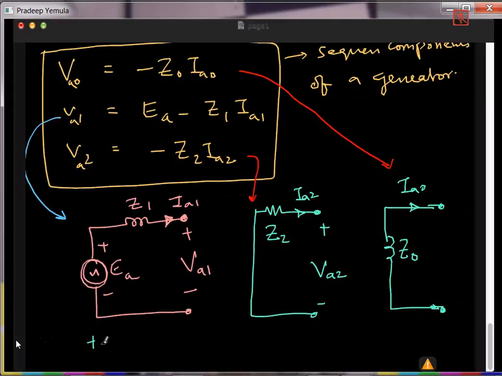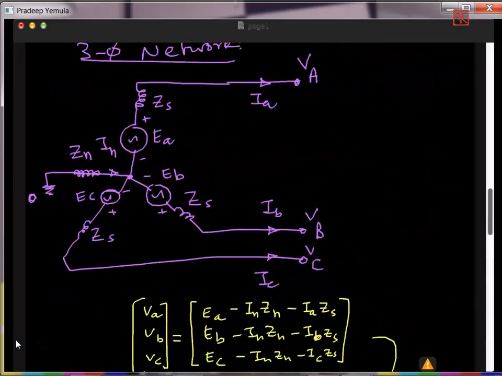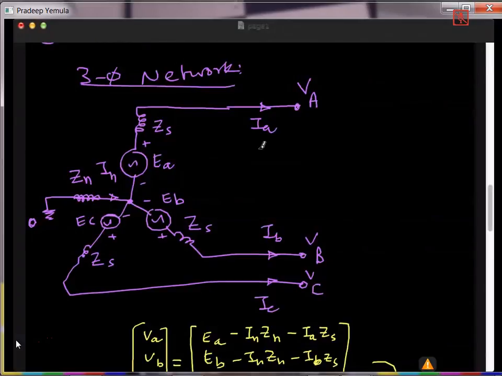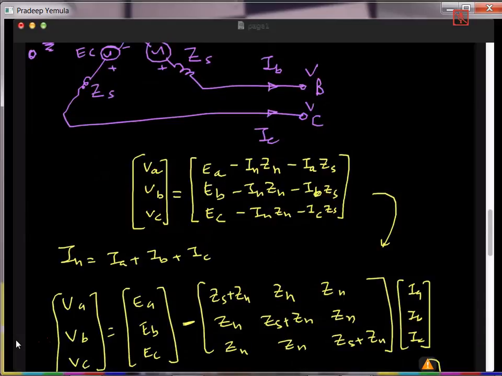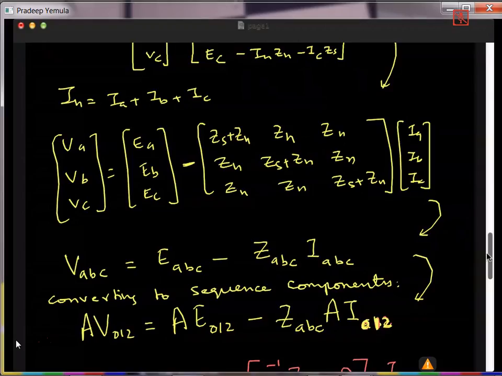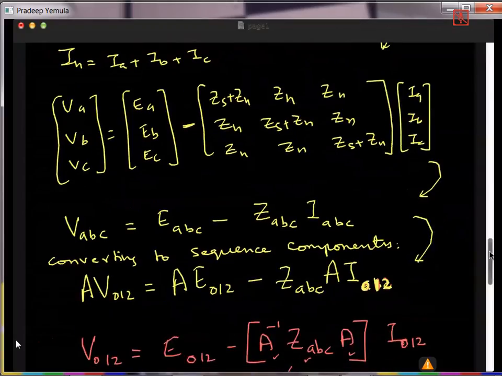So this is the positive sequence network, this is the negative sequence network, and this is the zero sequence network. What we have done is start with a three-phase generator, write Ohm's law voltage equations, manipulate them and convert to sequence components.